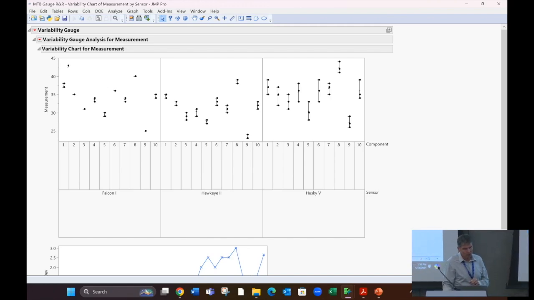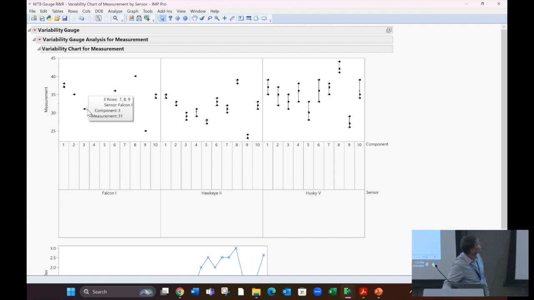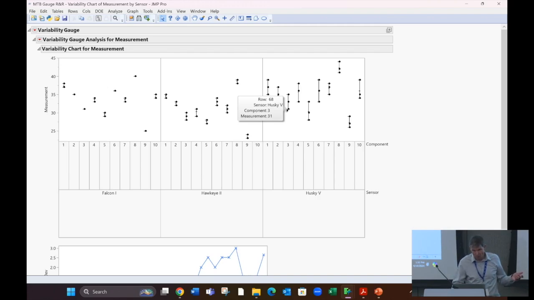What you don't see here for Falcon 1, for example, on the third component, is that there are actually 3 rows right on top of each other. So Falcon 1 measured 31 all 3 times. Way to go, Falcon 1. Contrary to that might be Husky over here. Husky did measure 31 once, and then the second one was probably 32, or actually 39 it looks like, 35, 33.